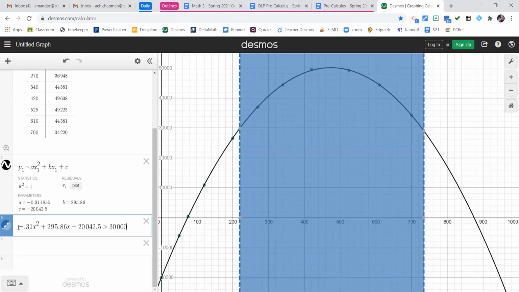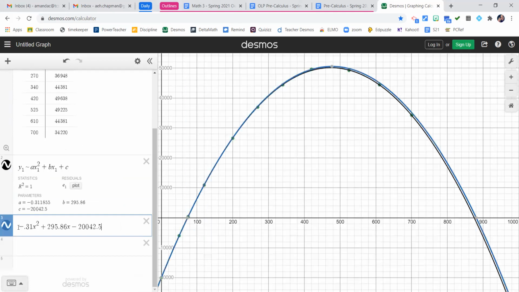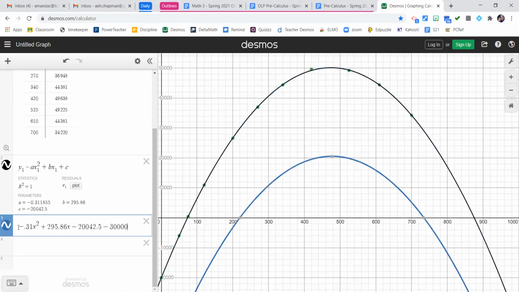To get that equation on your graph, you are going to subtract your 30,000 from both sides. So you can just say minus 30,000. And then this is the equation we're looking at.